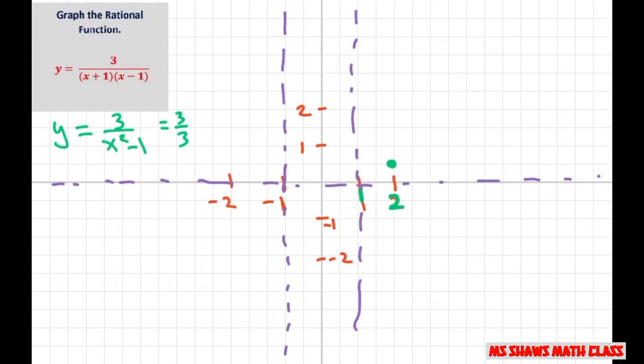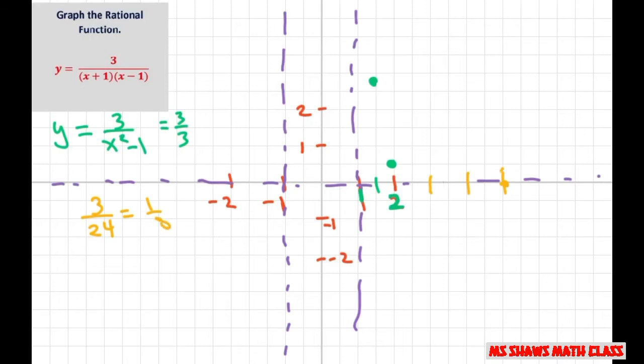If I plug in 1 1/2, it's going to go up in this area. We don't have to use a calculator. If I plug in, let's say, 5, I'm going to get 3 divided by 24, which is 1/8.